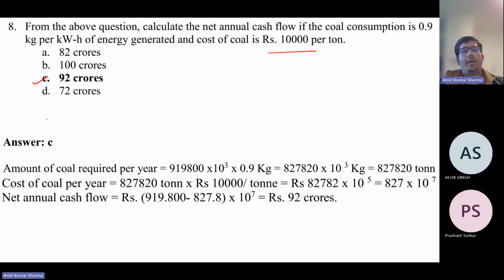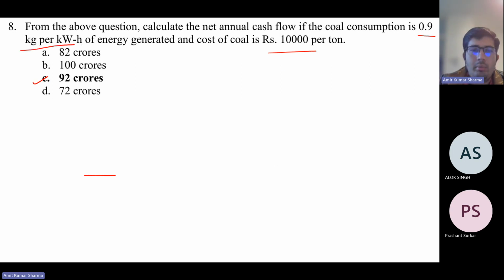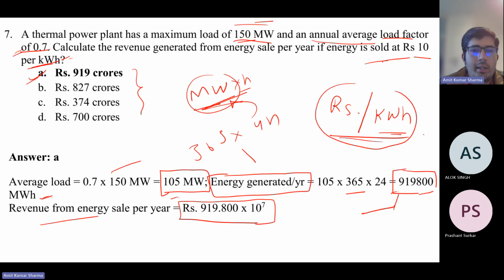As I told you, first of all, you have to find out the amount of coal required. We are given coal consumption is 0.9 kg per kilowatt hour. In the previous question, we know the total energy generated will be 9,19,800 megawatt hour.